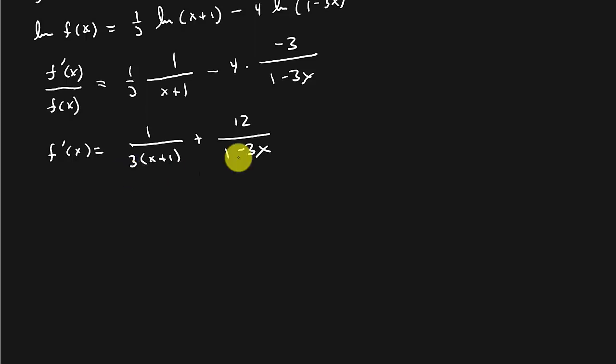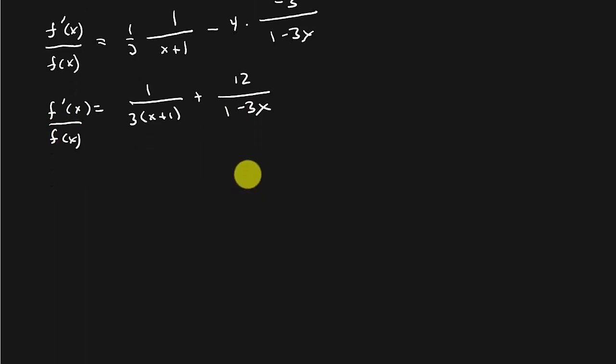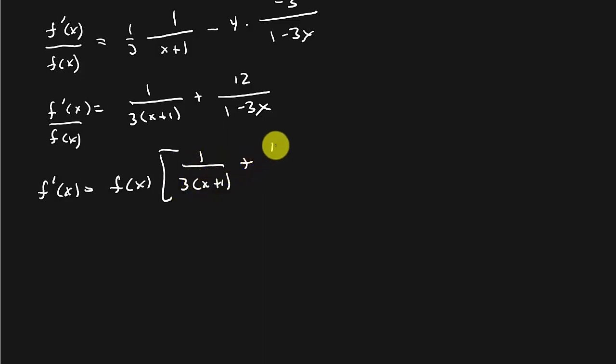Whoops, that's f prime over f of x. I forgot to put the f of x down there. But what are we doing? We're trying to find f prime of x, right? So f prime of x is equal to f of x times 1/3 times x plus 1 plus 12 over 1 minus 3x.